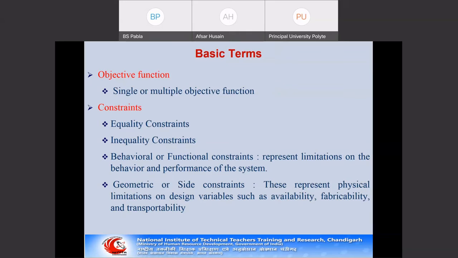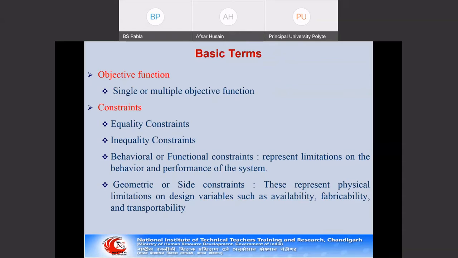And there are constraints. What are the constraints? There are equality constraints, where you have an equality sign. Inequality constraints are when you have a less than or equal to or more than or equal to sign. Equality constraints means you say 2x plus 3y is equal to 5.